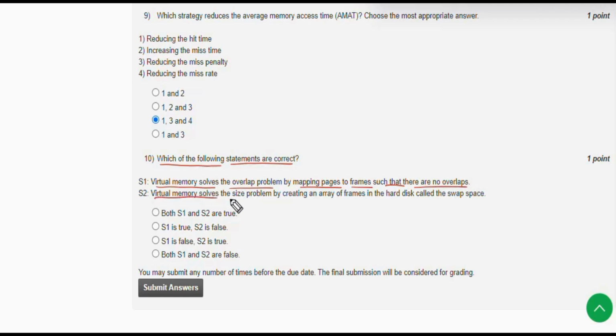Statement 2. Virtual memory solves the size problem by creating an array of frames in the hard disk called the swap space. And in that case, both statements are correct. So this will be the answer. Both S1 and S2 are true. Okay, so I select.